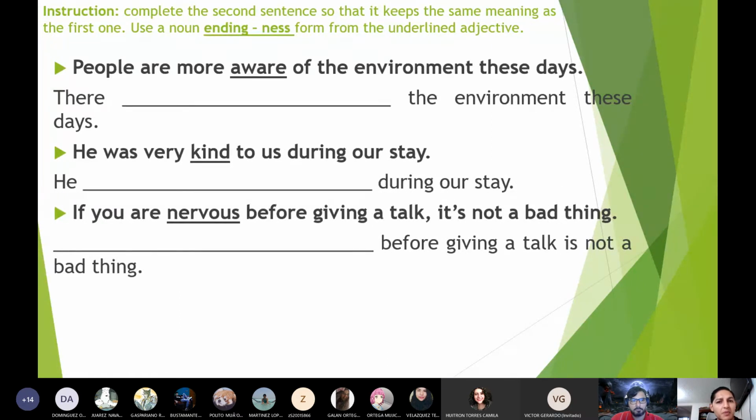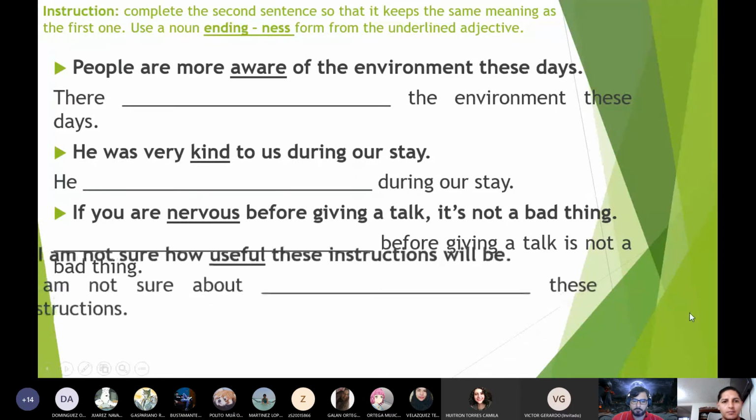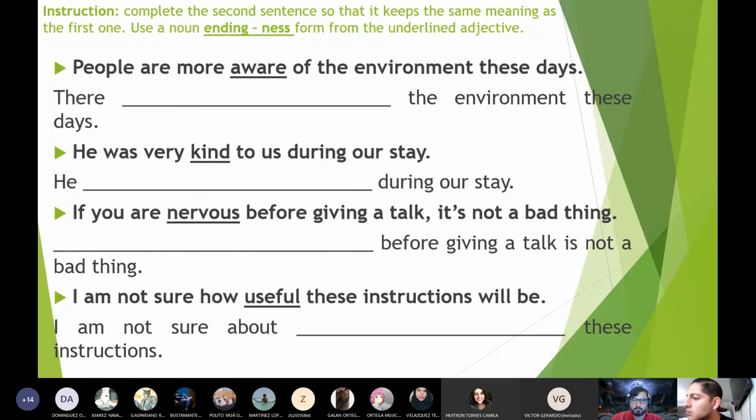If you're nervous before giving a talk, it's not a bad thing. Type it or write it down. You decide. Next. I'm not sure how useful these instructions will be.